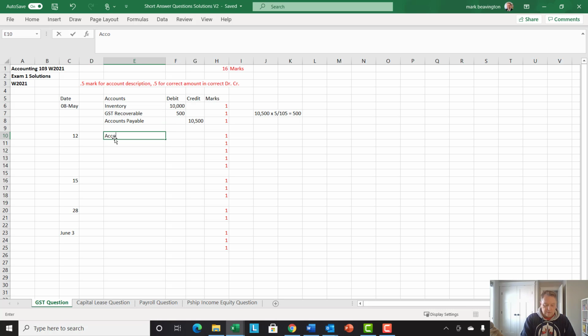So we're going to have accounts receivable, and we know we'll have sales revenue as well, and we also know we're going to have GST payable, because whenever we sell something, we collect GST along with that, which we're told in the question is 5%.